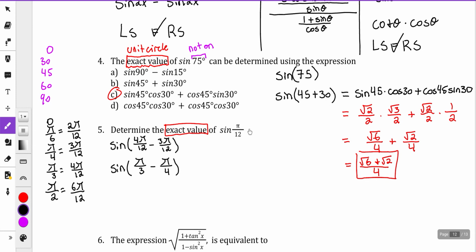From there, that doesn't just split apart into sine minus sine. You have to go to your formula sheet, and you have to look for sine of an angle minus another angle. It's right here. Sine of an angle minus an angle equals all of this. So I got to write out all of that. It's sine A cos B minus cos A sine B. Okay, it looks like this.